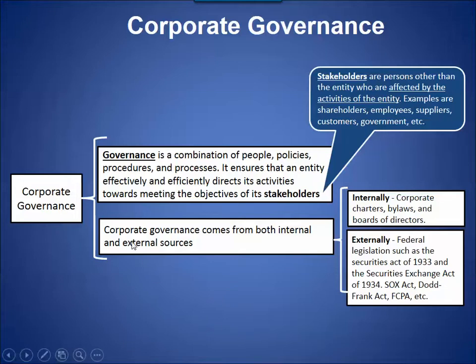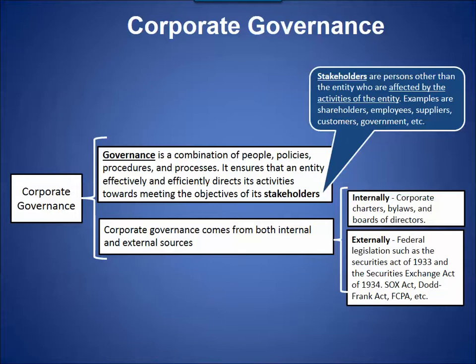Now, we need to understand that corporate governance emanates from two sources. One's from an internal source. Internally, that emanates from corporate charters, corporate bylaws, and boards of directors, and then from that, the executive officers of the company and the employees of the company. It also emanates externally through either federal or state legislation.